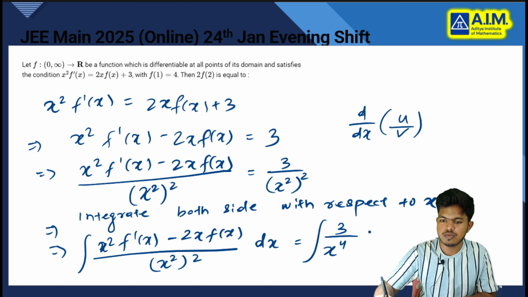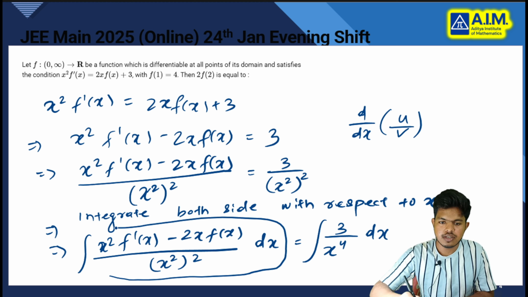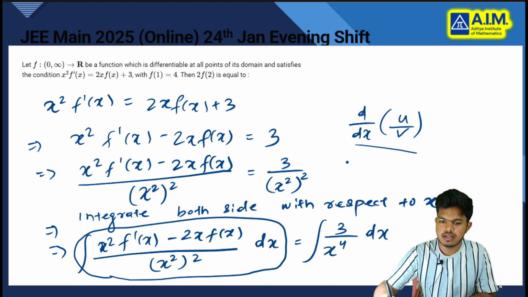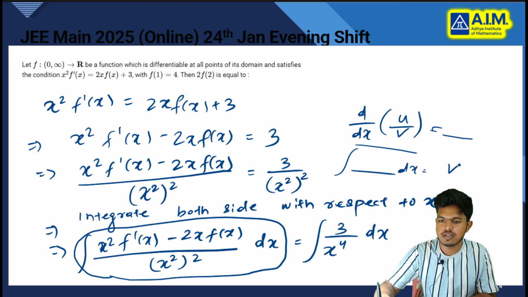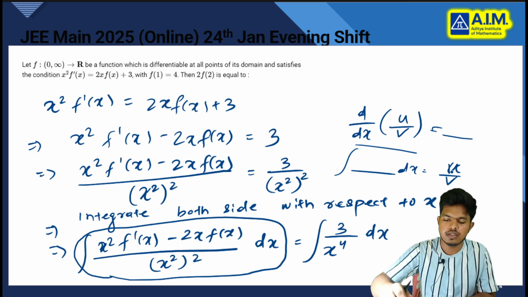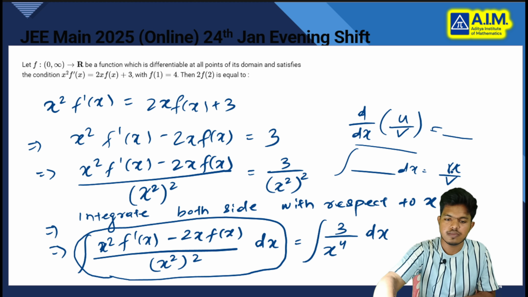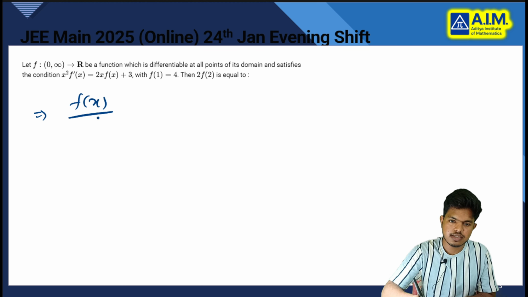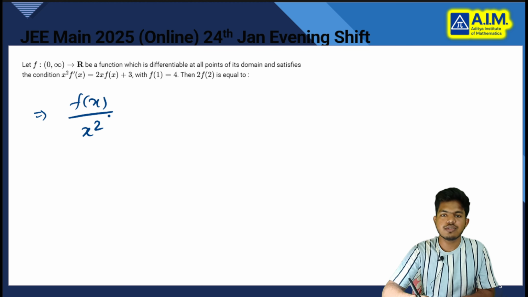You might have studied the integration of the derivative of u by v, and now we are doing its resultant part in integration dx. Eventually we will get u by v. So this will be f of x divided by x square. How does this become?